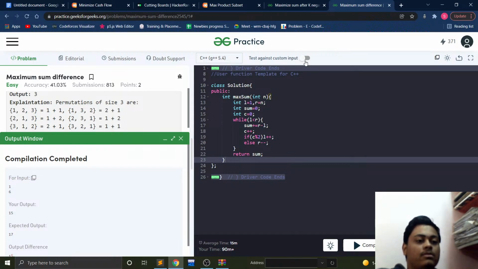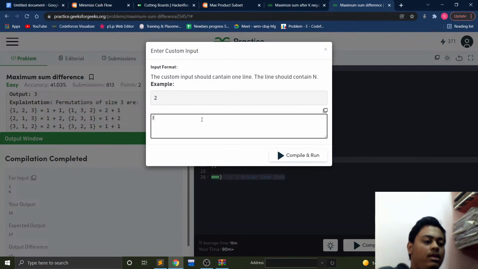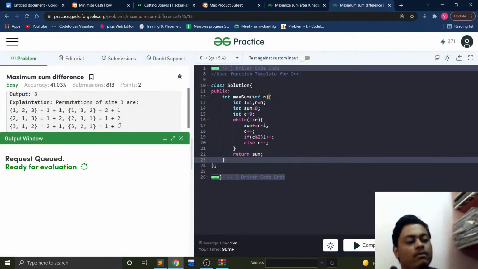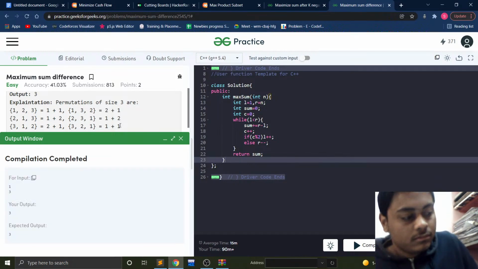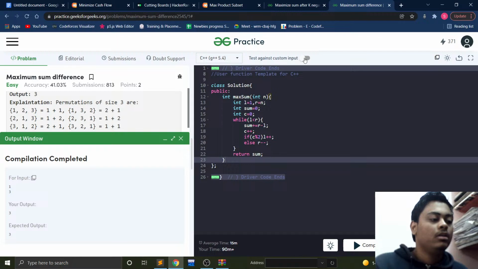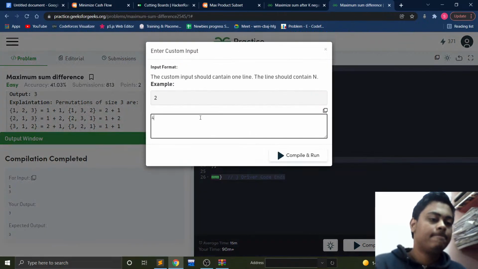Let's check for smaller values. Let's suppose for 3, what am I getting? I should get 3, right? Yep. For 4, let's give multiple values.